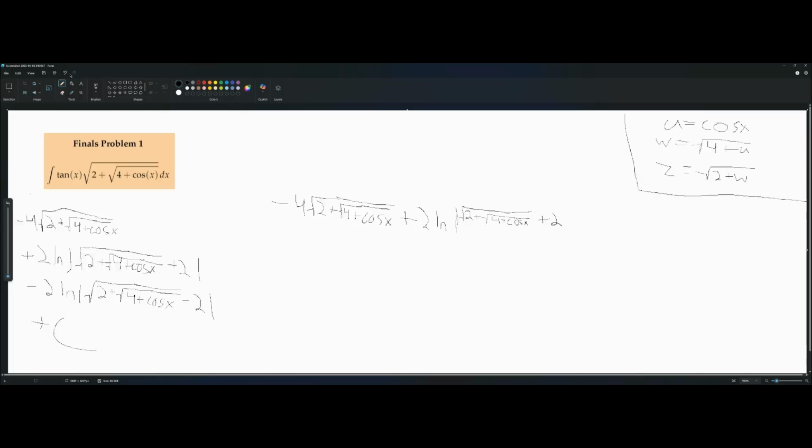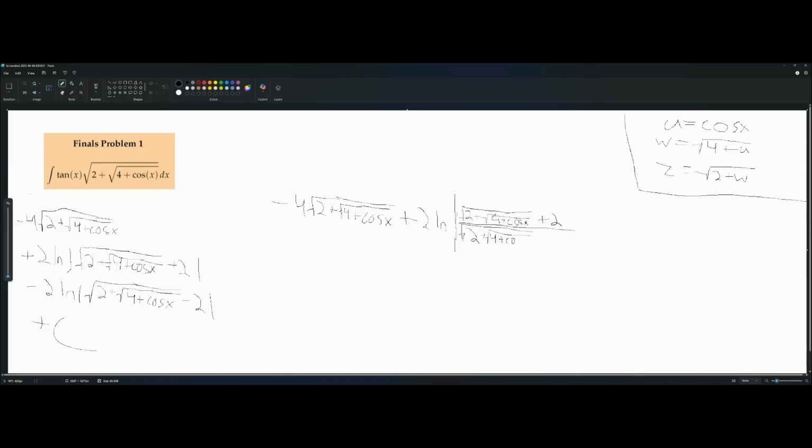Let me make this absolute value a little bit larger. Oh, I have shaky hands, I'm sorry. All over the square root of 2 plus 4 plus cosine of x.